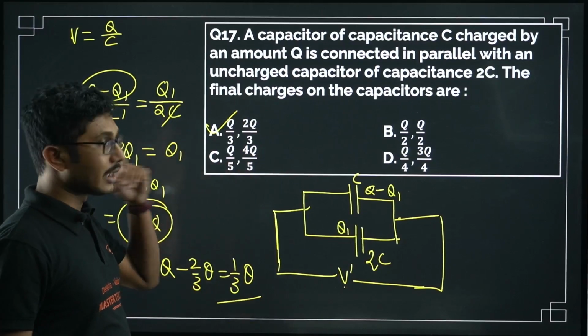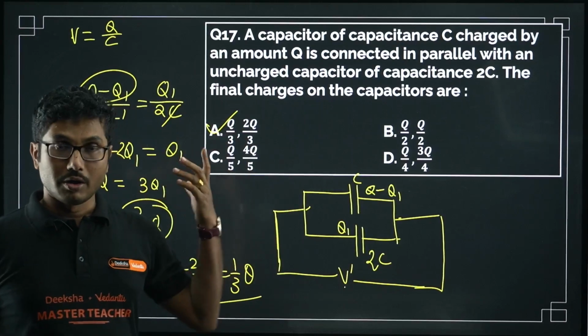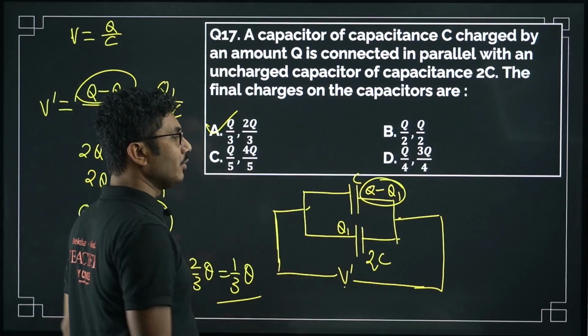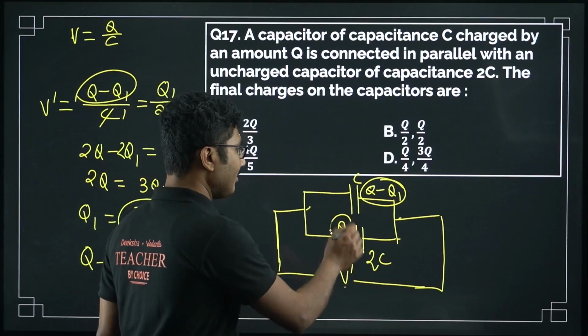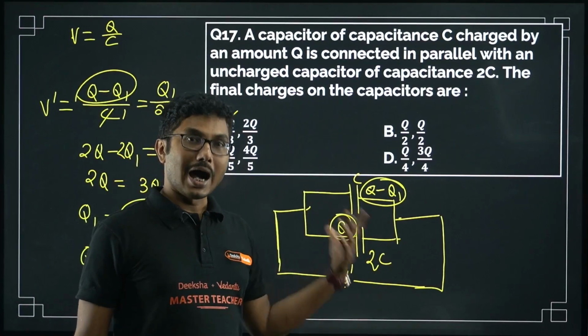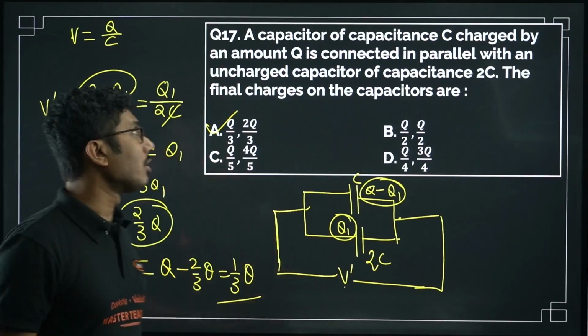So be careful, the order is very important. In some cases maybe they will give you the wrong order as well. So the original capacitor will have 1/3 Q and the new capacitor will have 2/3 Q. Because of higher capacitance, it will have higher charge. So that is a way to check if your answer is correct or not.